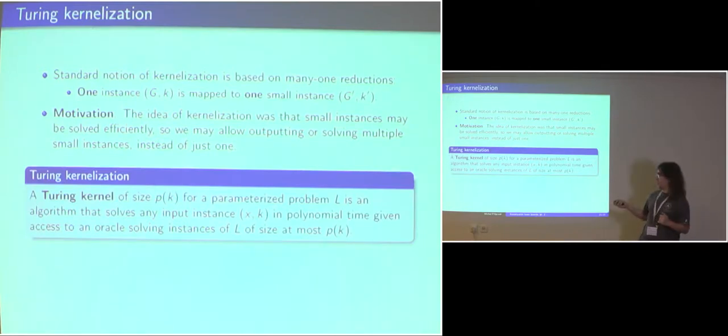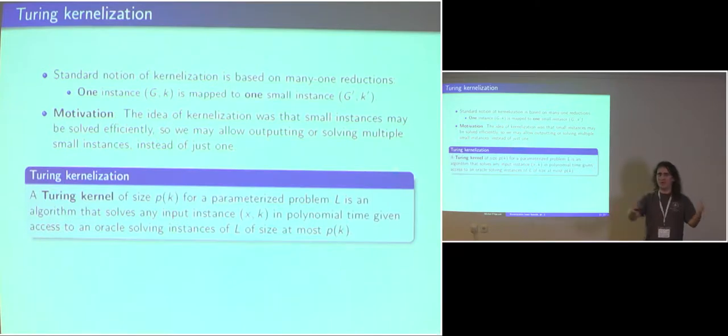So formally, a Turing kernel for a parameterized problem is a polynomial time algorithm that solves the problem, but which is given access to an oracle. The algorithm can define an instance of size at most p of k and ask the oracle whether the answer is yes or no for this.